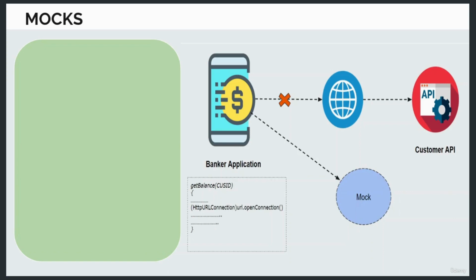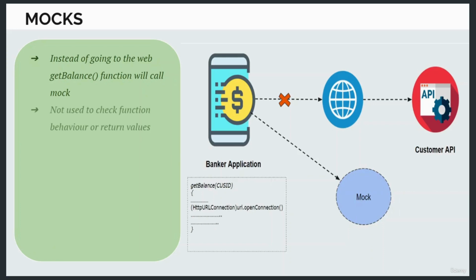Here we have a get balance method within our banker application. It uses the HTTP URL connection instance to connect to the API. But here we will connect using the mock. So we will simply connect to url.mock, meaning you will use the mock here.